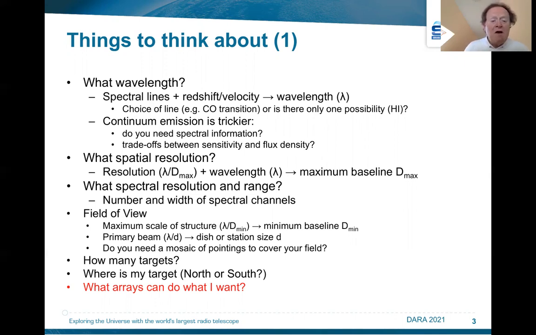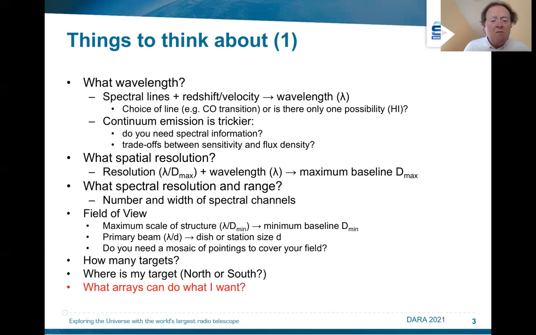Sometimes, however, the choice is less obvious. You might have multiple transitions of the same molecule, for example, carbon monoxide, and it might make sense to pick a particular transition depending on observing conditions. In other cases, there may only be one type of line that you can use, and neutral hydrogen is an example.